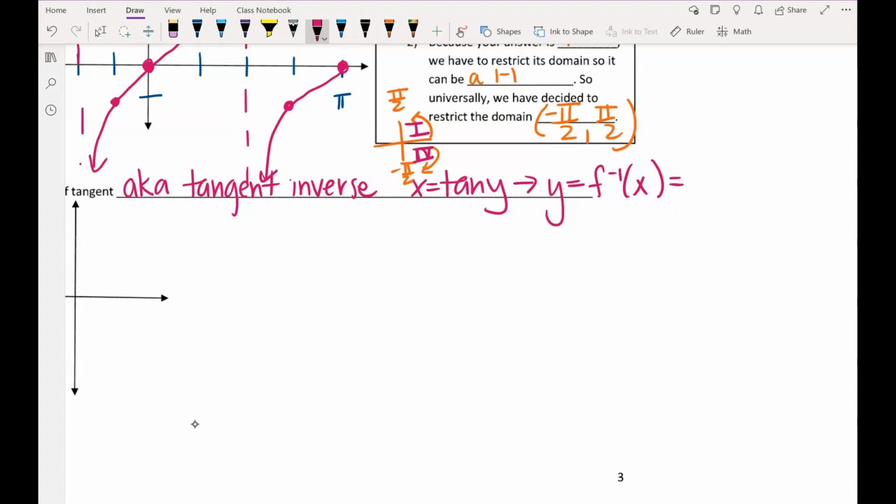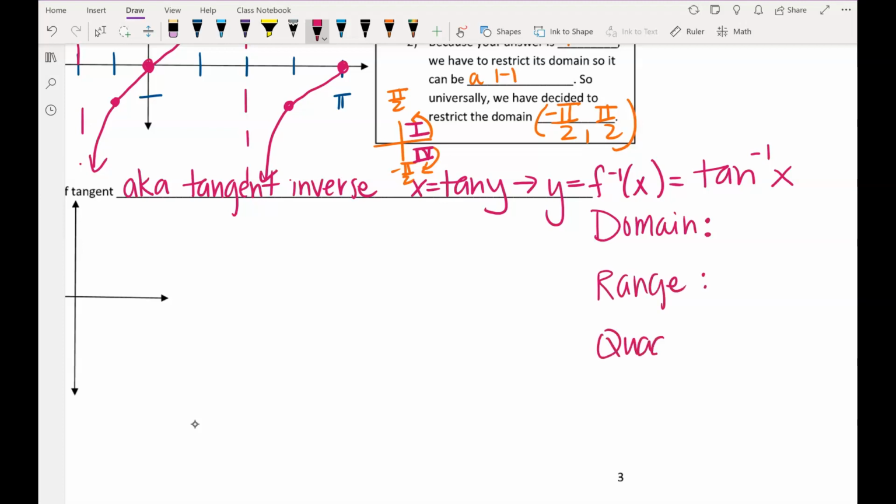Based on the first two definitions, what do we write? Tangent inverse of x, right? Okay, let's write the domain. Domain for tangent inverse, the range for tangent inverse, and then we'll put it in quadrants. What quadrants?